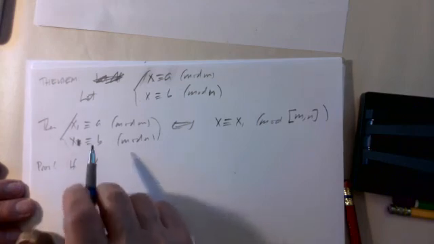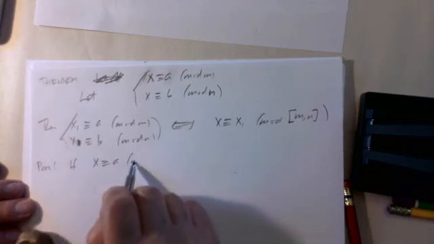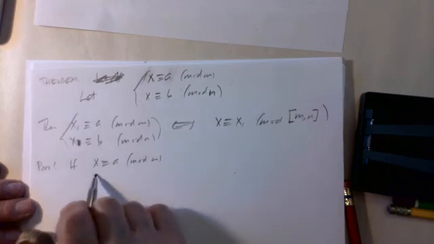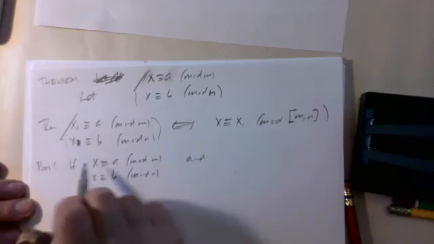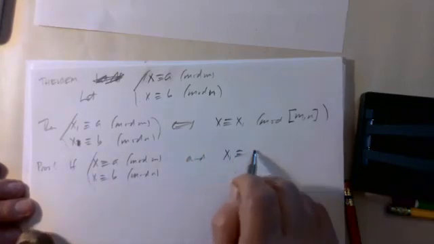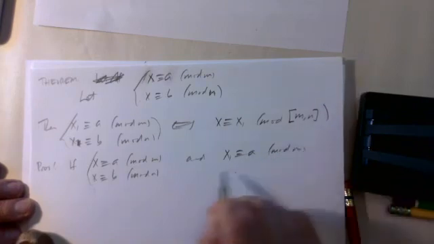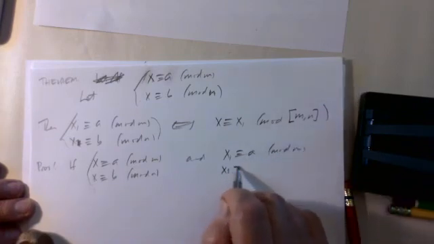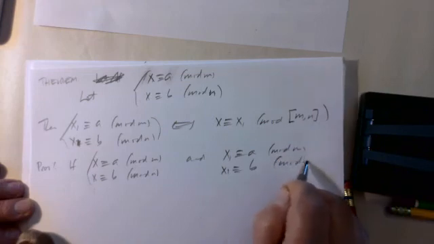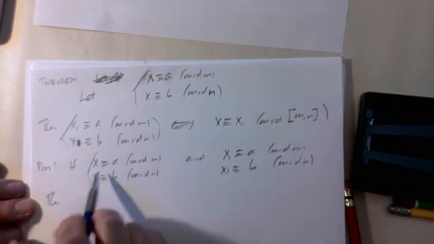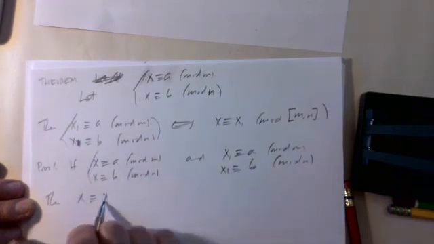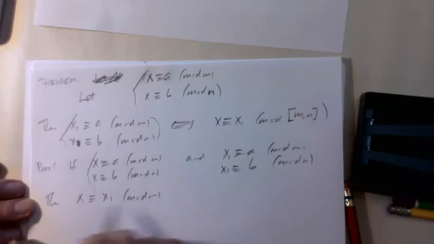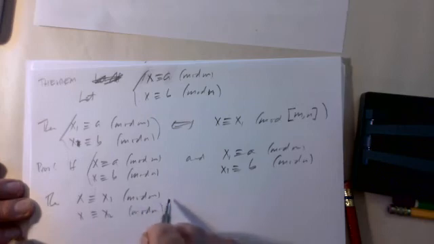If x is congruent to a mod m and x is congruent to b mod n, and also x1 is congruent to a mod m and x1 is congruent to b mod n, then x is congruent to x1 mod m, and x is congruent to x1 mod n.